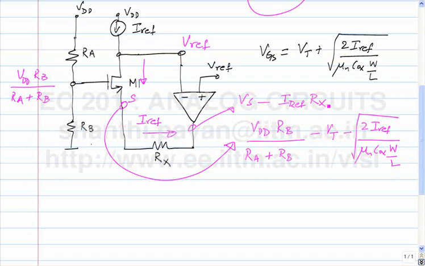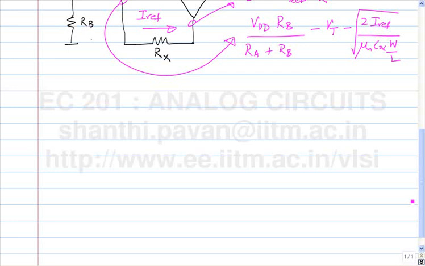And then for the incremental equivalent, you can simply go back to the original circuit diagram, short all the capacitors, open all the current sources, open all the inductors if any. And what would be the incremental equivalent for the op amp? The op amp is basically a voltage controlled voltage source, so that will still remain. Vref will become ground.